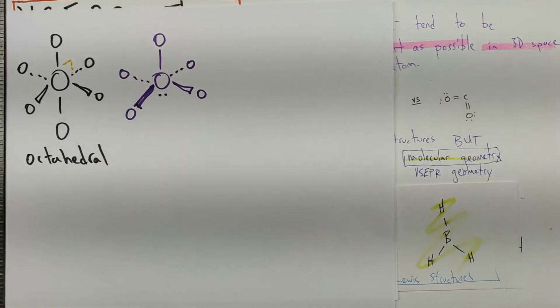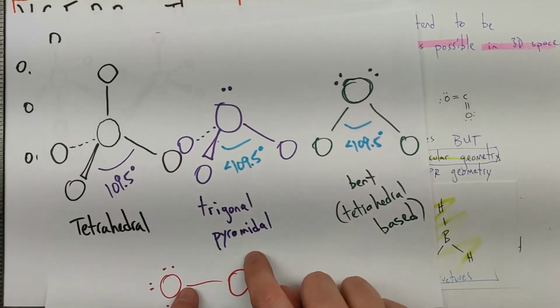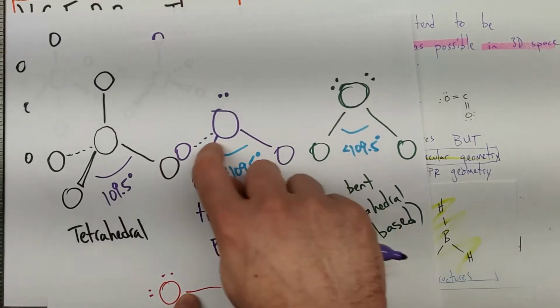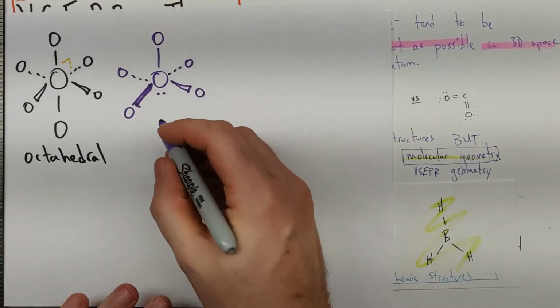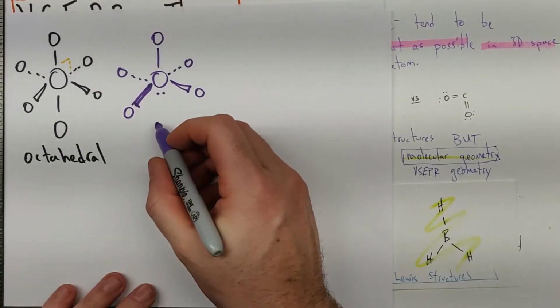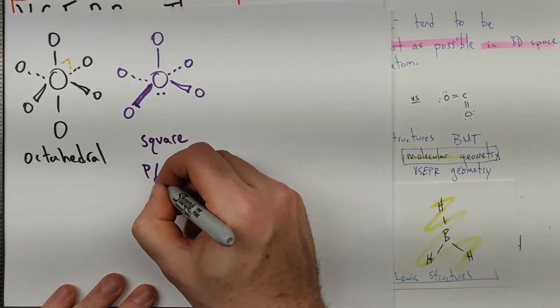And they're all still 90 degrees. Wow, that one ended up ugly, I'm sorry. So this, just like we had for our tetrahedral, trigonal pyramidal, that's a 3-vertex base. Now we have a 4-vertex base, which is square pyramidal.